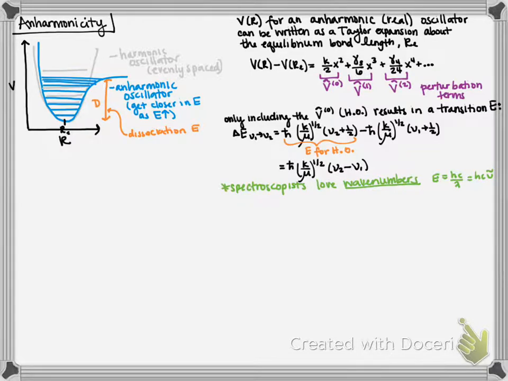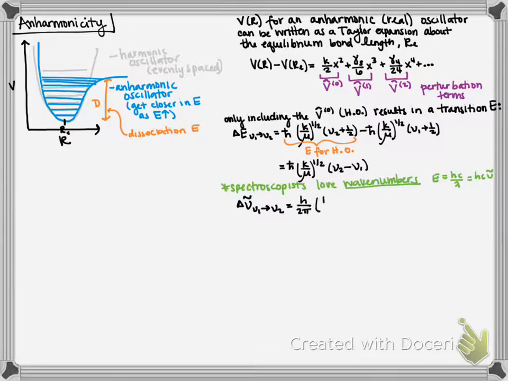Remember that energy can be written as h nu, where nu here is the frequency of light, not a quantum number. But nu can also be written as c over lambda, so we could have E equals hc over lambda, and 1 over lambda is wave number. So really energy is equal to Planck's constant times the speed of light times wave number. So we can convert energies into wave numbers by dividing our energy by Planck's constant times the speed of light. So let's go ahead and do that.